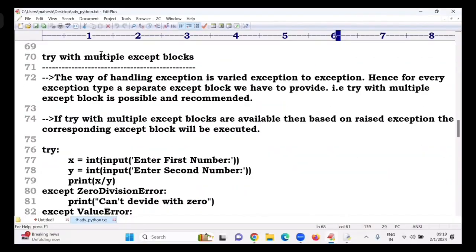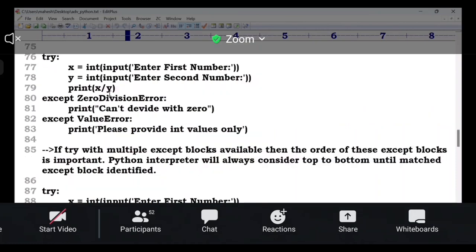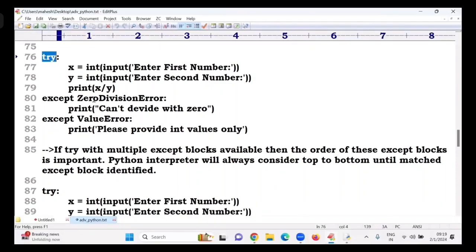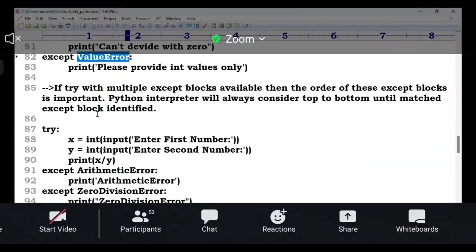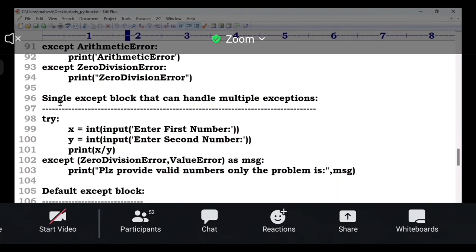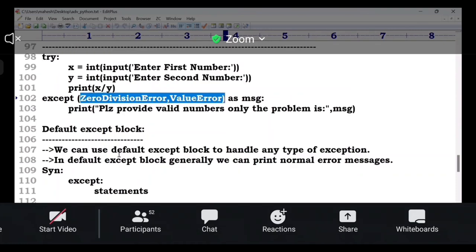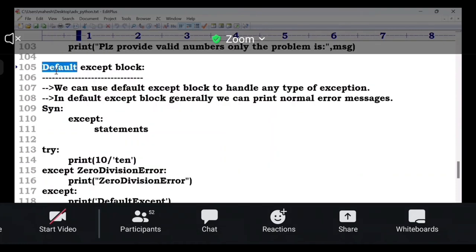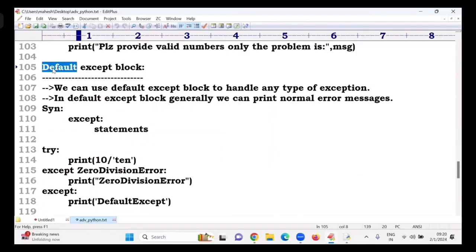Next, I want to go with try with multiple except blocks. A single try can handle multiple exceptions because at runtime we don't know which type of error we will get. That's why one try block, multiple except blocks we can provide. Next, a single except block can also handle multiple exceptions. Within the parentheses, you can provide all the class names, then one except block can handle multiple exceptions. Finally, we discussed the default except block.